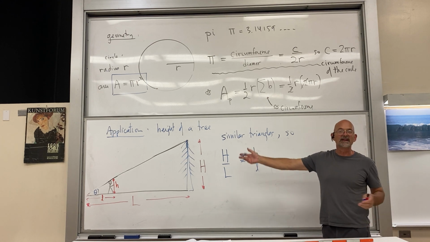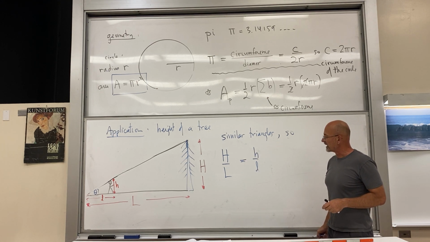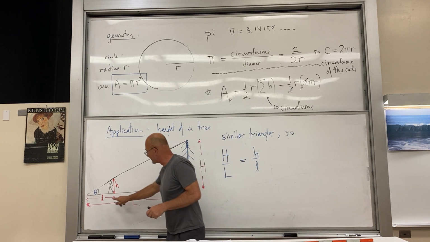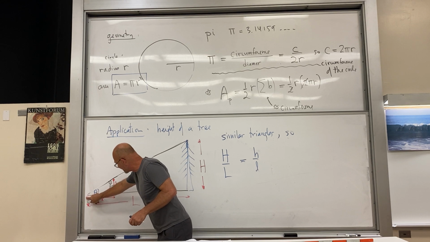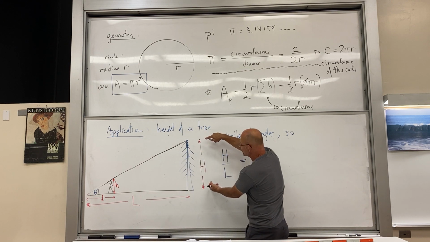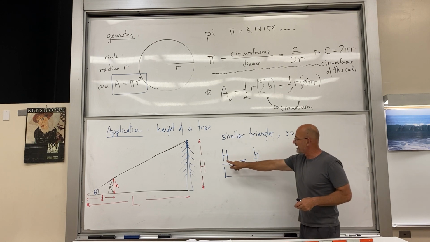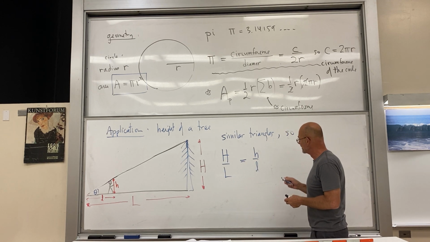You'll notice I'm not plugging any numbers in, but this is my height, this is the distance of me to the end of that triangle, this is the height of the tree. So what's the unknown? What do we wish to find out? We wish to find out how high the tree is.